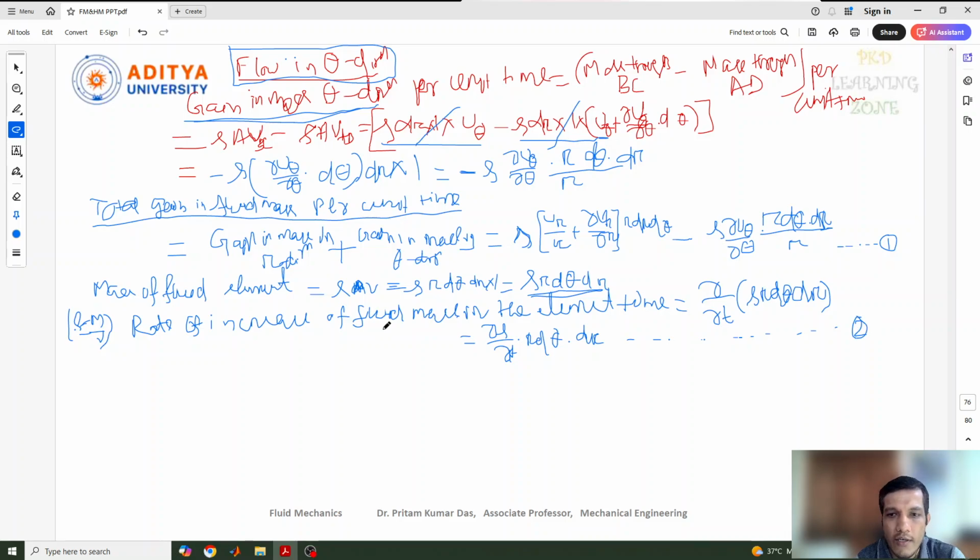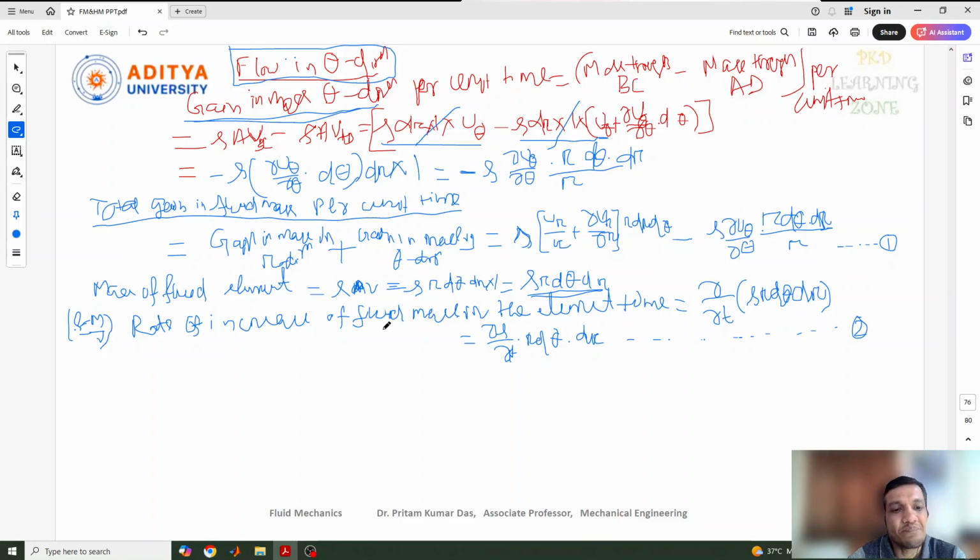Now we know that the continuity equation is based on the conservation of mass. The conservation of mass says that mass is neither created nor destroyed in the fluid element. The mass of fluid coming inside is the same mass that is supposed to leave.